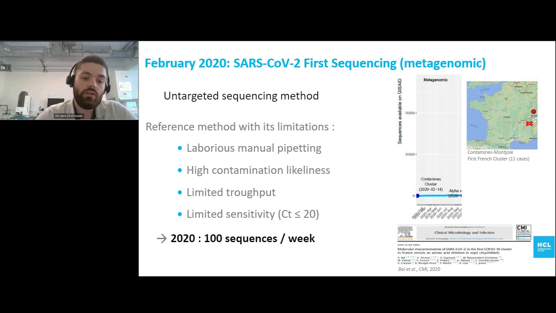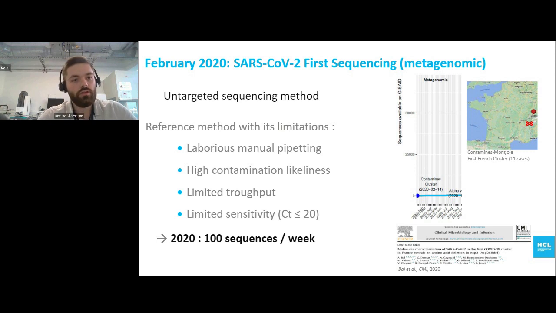And so in 2020, our lab could generate around 100 sequences per week, as you can see on the scheme on the right side of the screen, around here. So from February 2020 to around October 2020, the lab would run at 100 sequences per week.